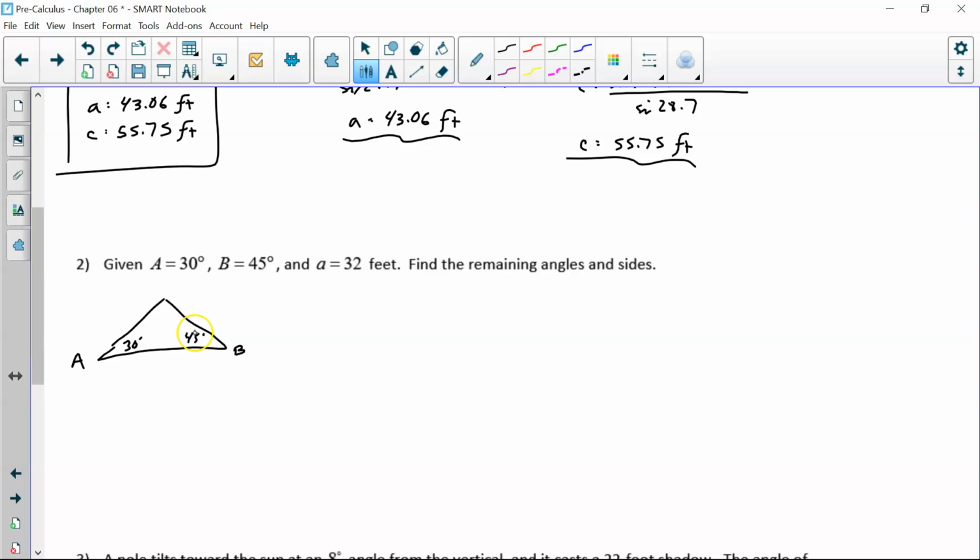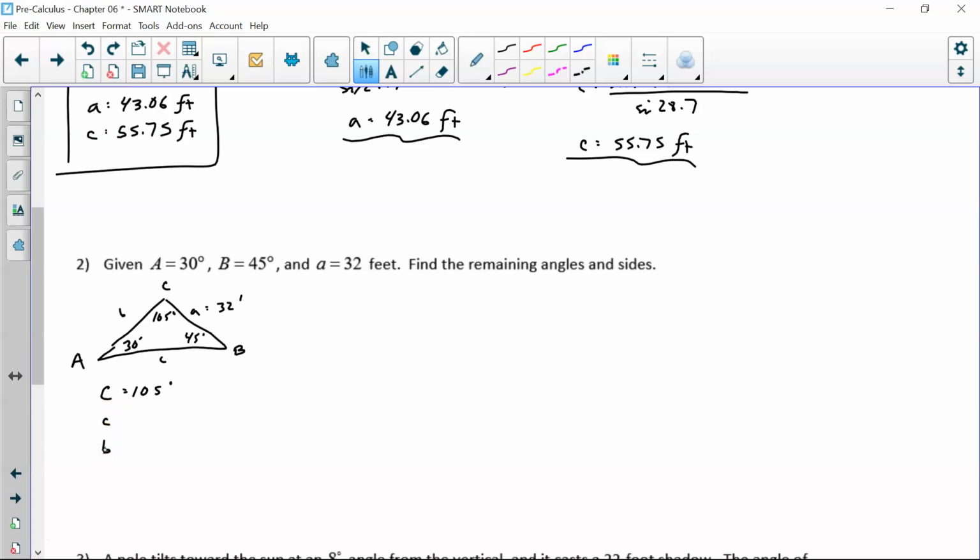And C, 30 plus 45 is 75, so this is 105 degrees. So this is going to be side C, which is opposite that. Side A, which is opposite angle A, is 32 feet. And side B. So we need to find, well, we already found angle C is 105 degrees. So we need to find side C and side B.